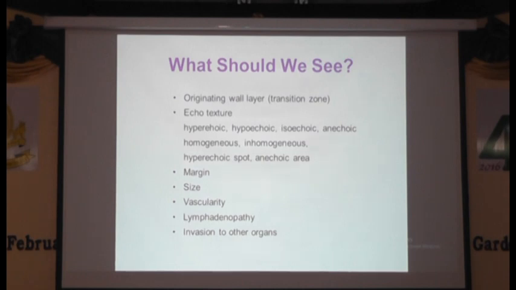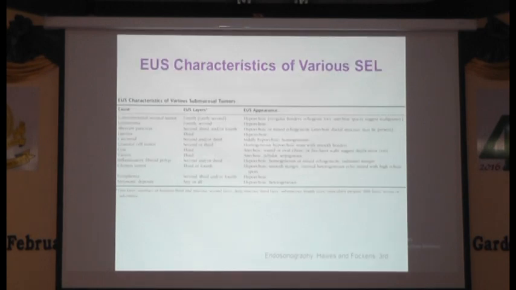Does it have any hyperechoic spot or anechoic area? We should also see whether the margin is irregular or regular. And we can measure the size, and the vascularity is also important. If it is a malignant lesion, we can see lymphadenopathy around it, and we can see the lesion invading the adjacent organs.